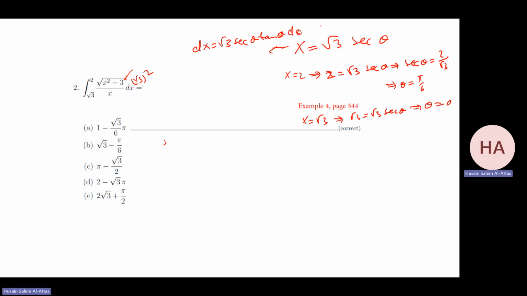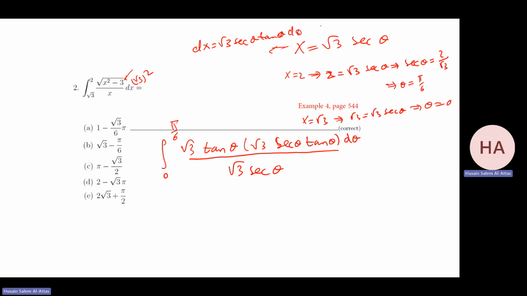Okay, so the integral will be from 0 to pi over 6 of, substitute the square root of 3, that will be 3 secant 3 tan square under the square root. That will be square root of 3 tan theta. Dx is square root of 3 secant theta tan theta d theta over x, which is square root of 3 secant theta.